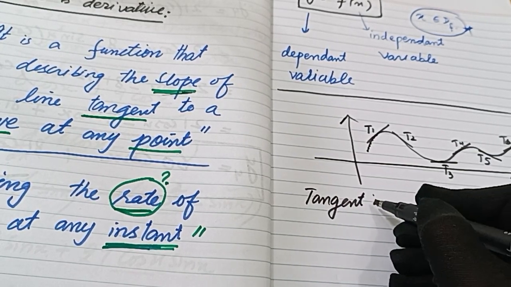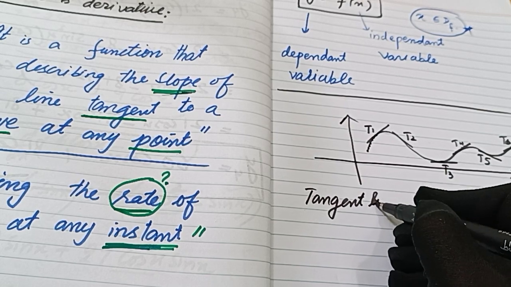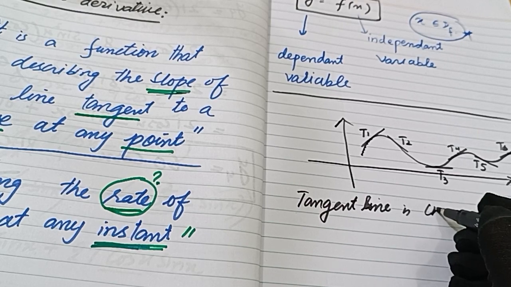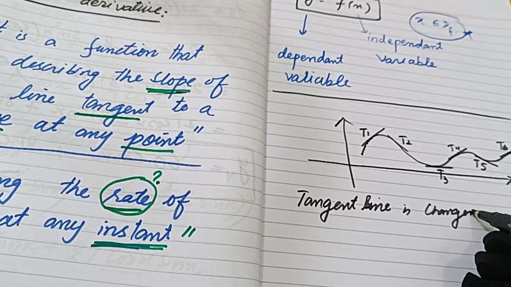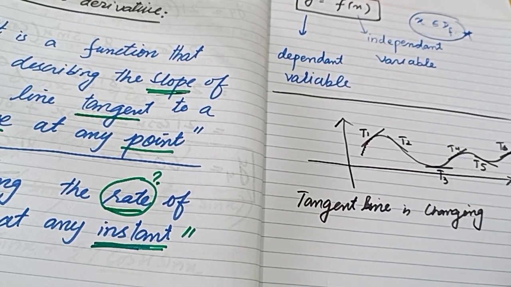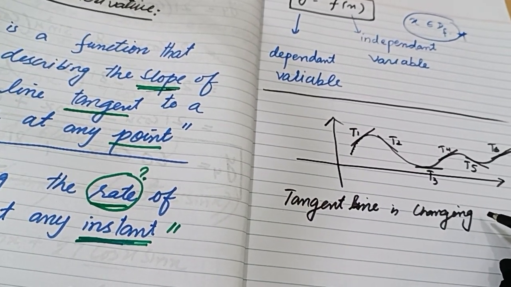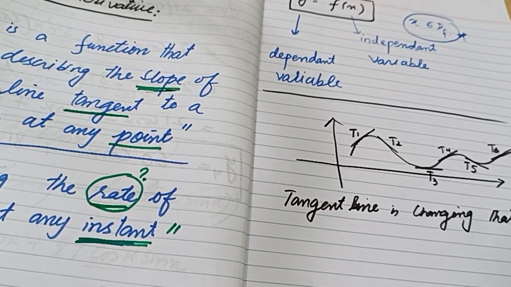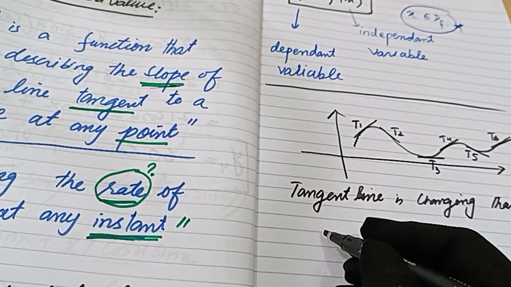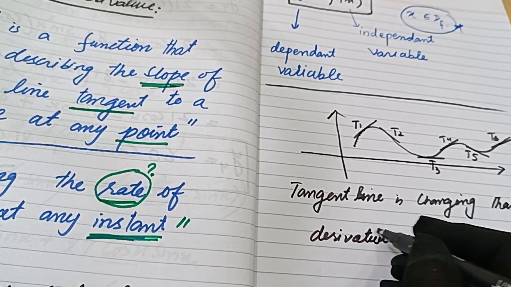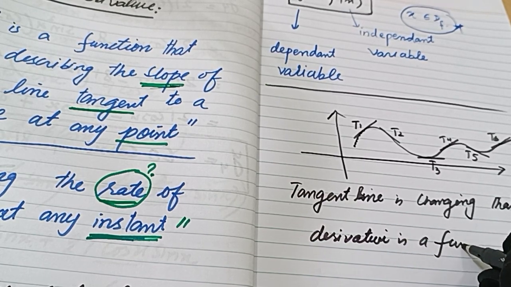The tangent line I draw keeps changing its direction. That's why we can say that its derivative is a function.